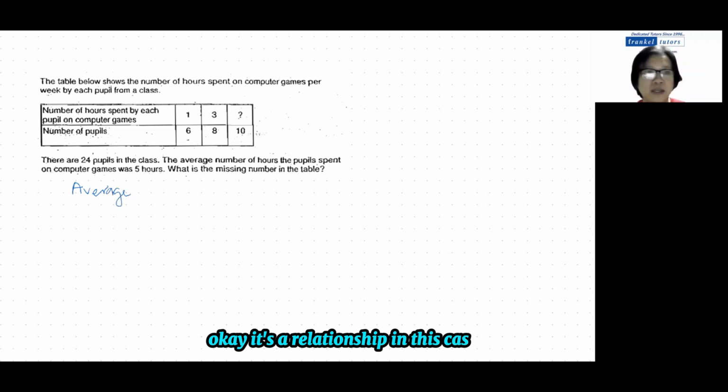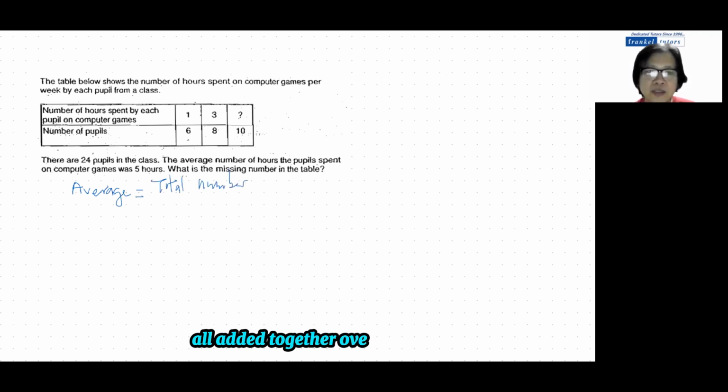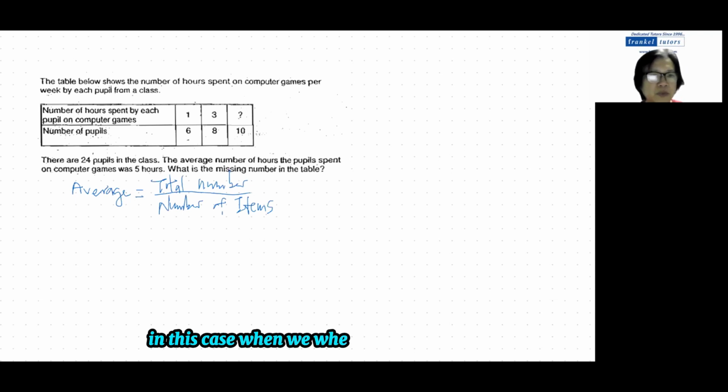In this case, the total number all added together over the number of items.